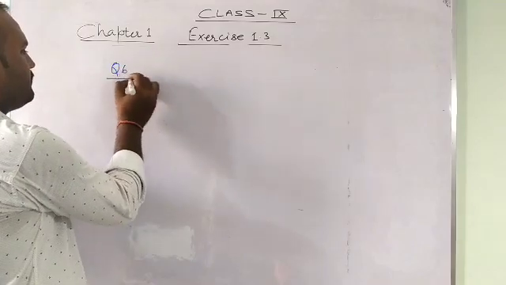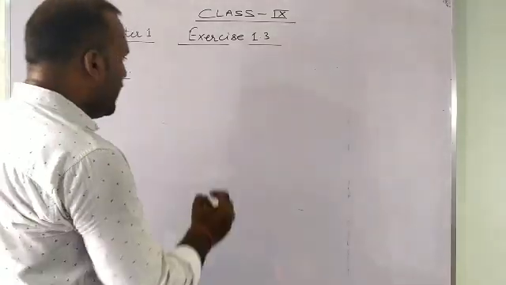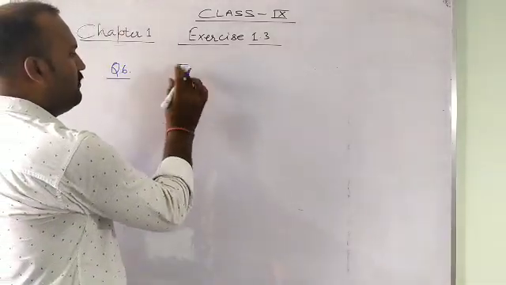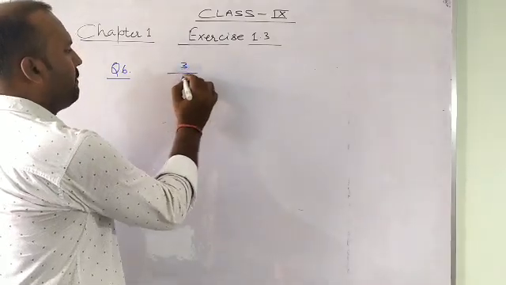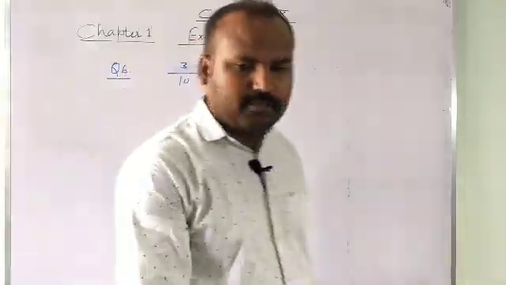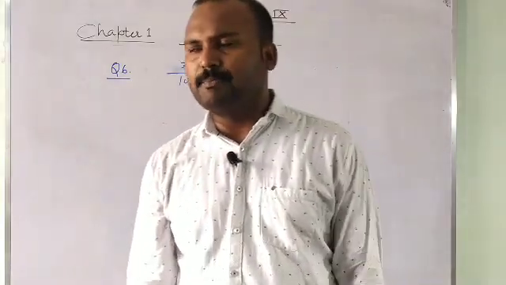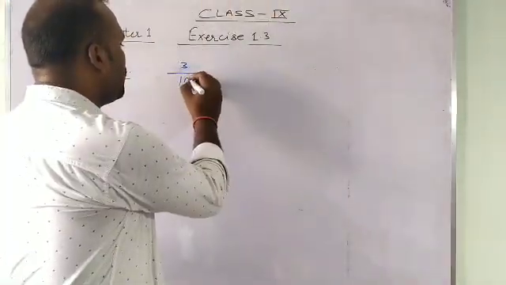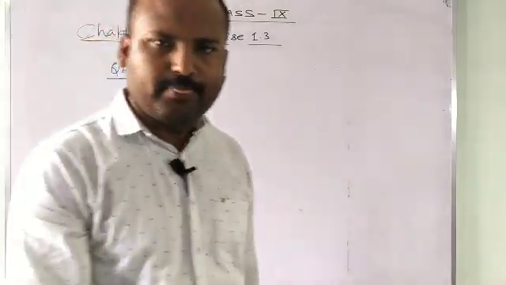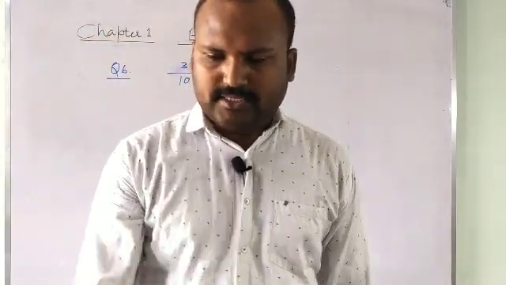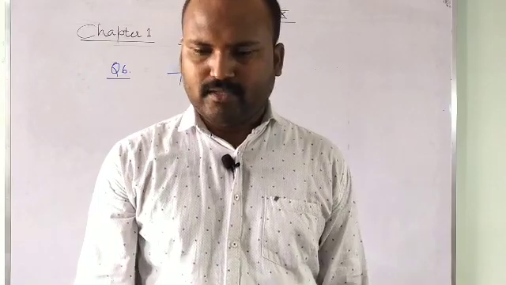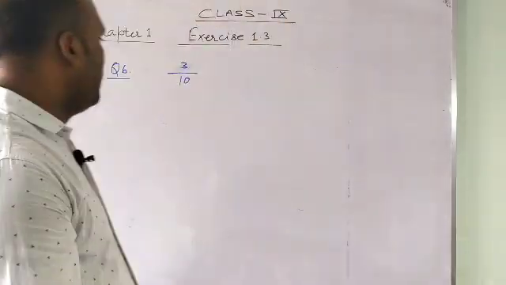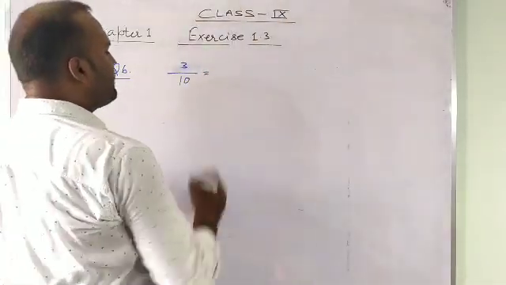Now see, question number 6. If we take 3 upon 10, this is a rational number 3 by 10. It is in the form of p by q, both p and q are integers, and there is no common factor of 3 and 10, according to the first statement. Now find the decimal expansion of 3 by 10.